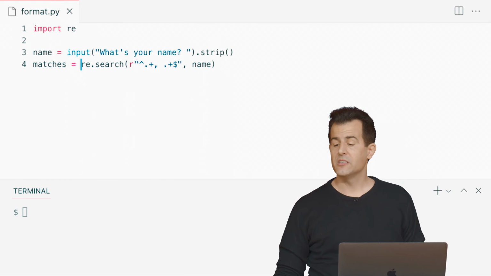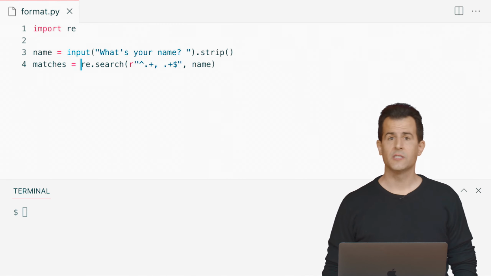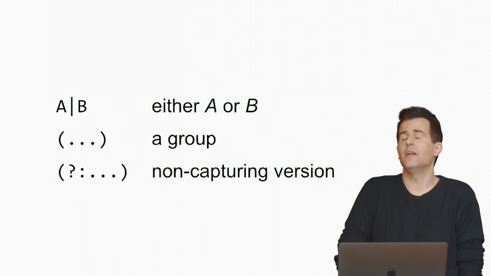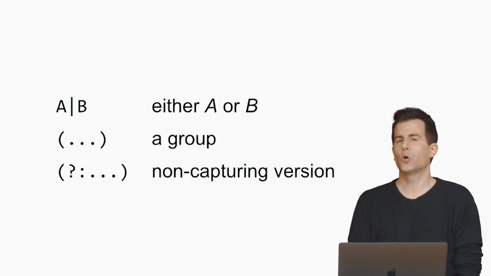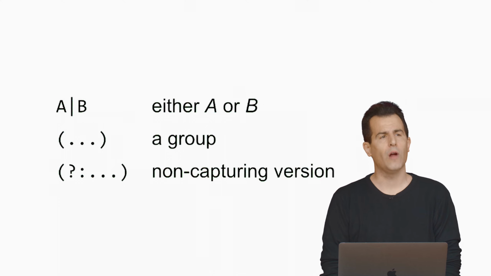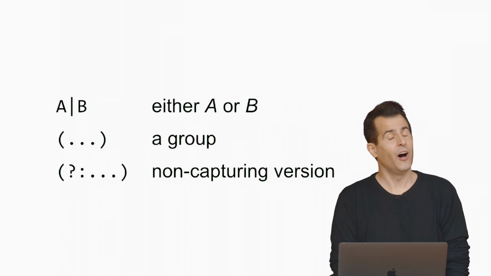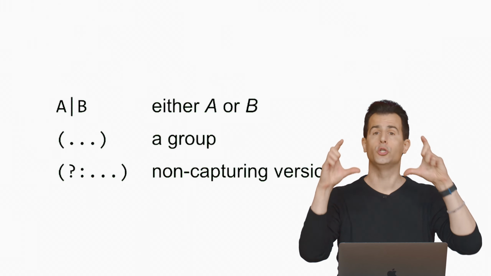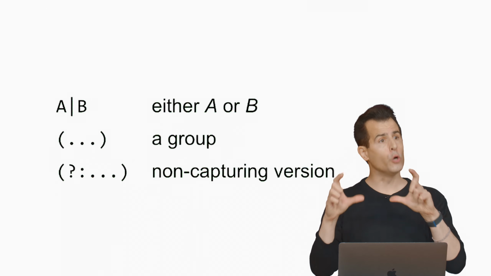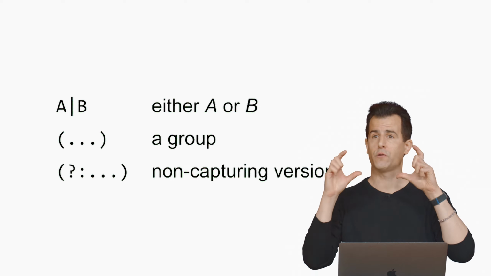Well, it turns out there's this other feature of regular expressions which allow you to use parentheses not just to group things together, but to capture them. When you specify parentheses in a regular expression, unbeknownst to us up until now, everything in the parentheses will be returned to you as a return value from the re.search function.